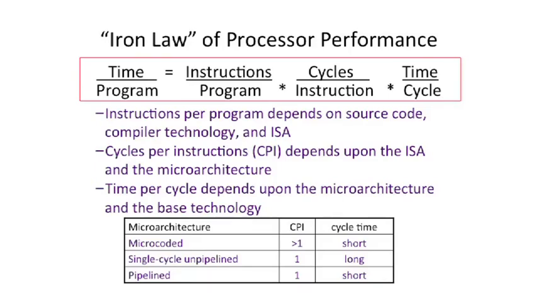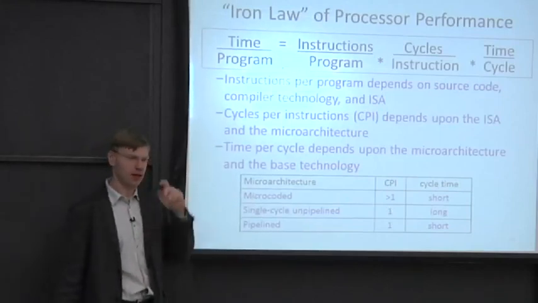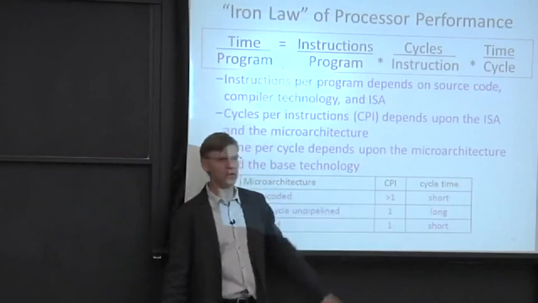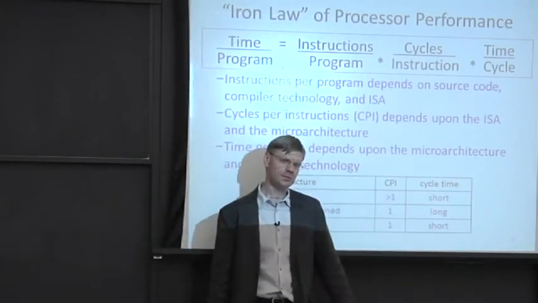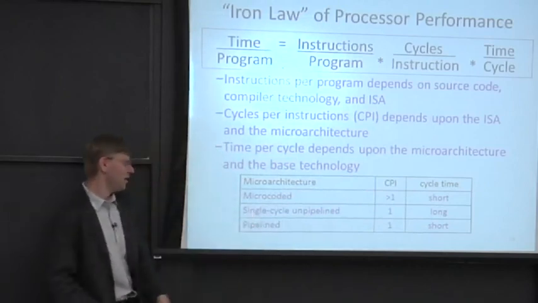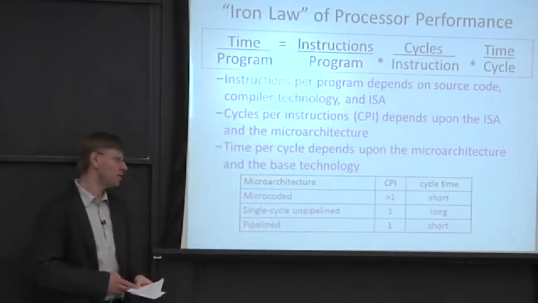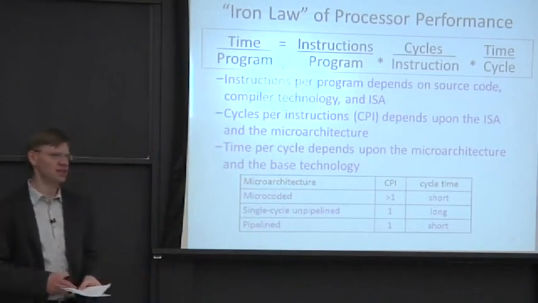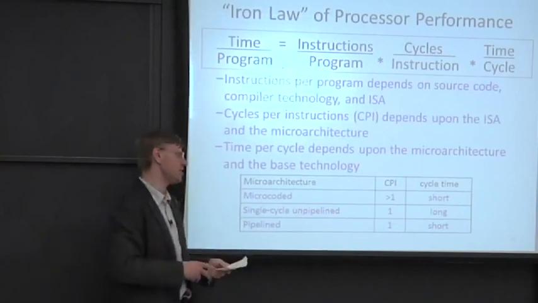OK, let's look at the microarchitecture here. So we had our microcoded architecture. This took multiple clocks per instruction, but the cycle time was relatively short. We had our single cycle unpipelined processor. Everything just has to flow to the end, but there are no pipeline stages in it.